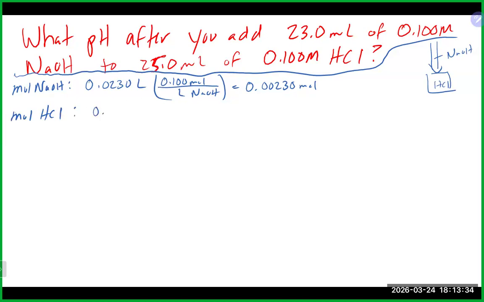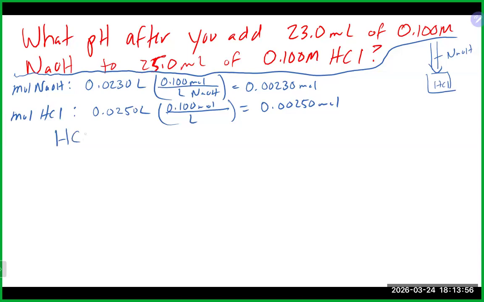We'll do the same thing there for our HCl. We have 25 milliliters converted into liters, 0.025 liters. Divide by 1,000, move the decimal point. Molarity here, 0.1 moles per liter, gives 0.0025 moles. And now we can do our ice table. It's going to be the same reaction we've been looking at.